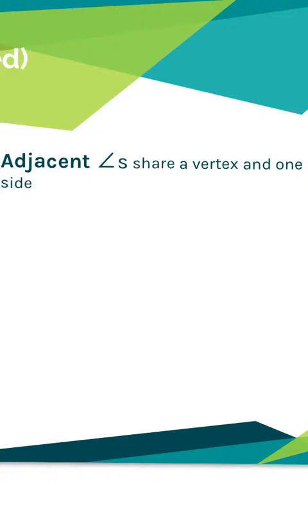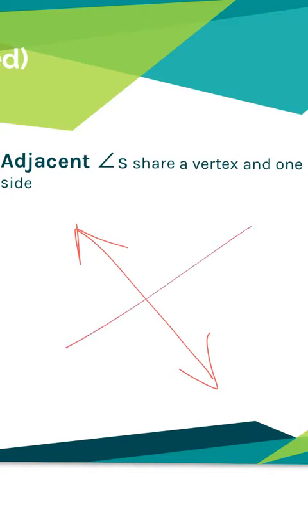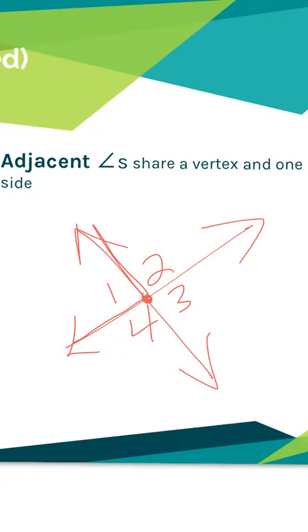Now, adjacent angles, they share a vertex, but also one side. So again, if you have your two lines intersecting, with your 4 angles, 1, 2, 3, and 4, they would share a vertex, which would be the corner, and also one side. So if angle 1 is here, it would be adjacent to angle 2.